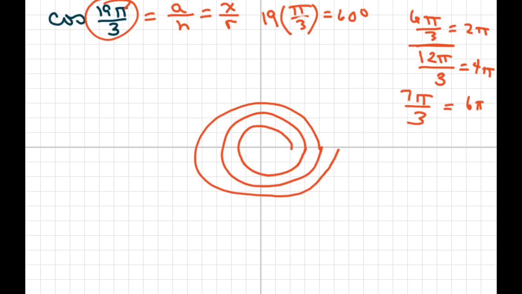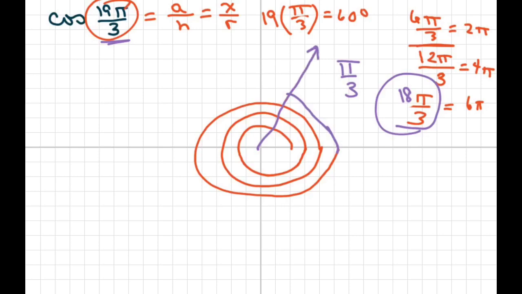If I go around again, this would be 6 pi over 3, or actually 18 pi over 3. Going around 3 times is 18 pi over 3. Because we want 19, we're left with just 1 more pi over 3, so we go up 60 degrees, way up here. And I'm going to draw my terminal side.